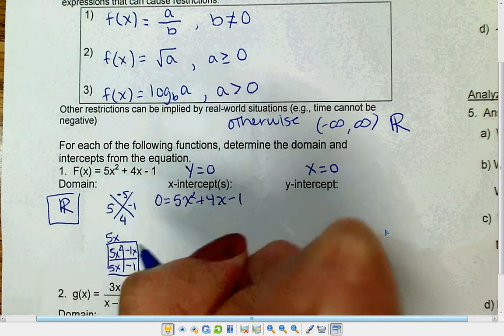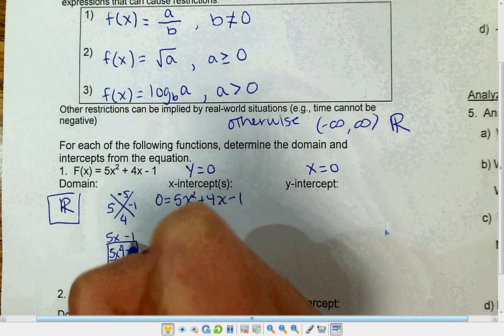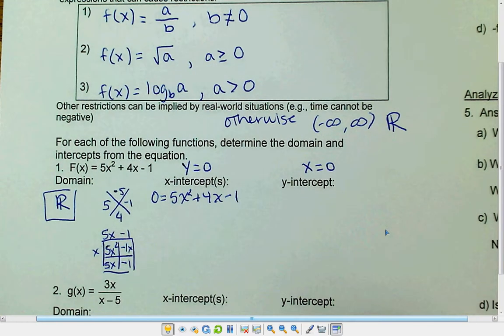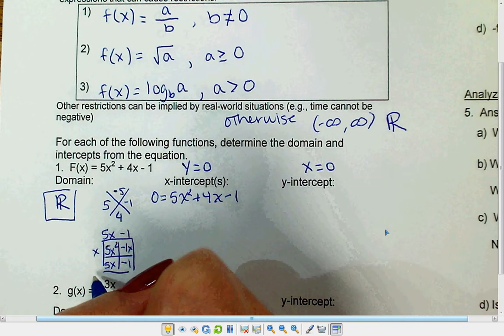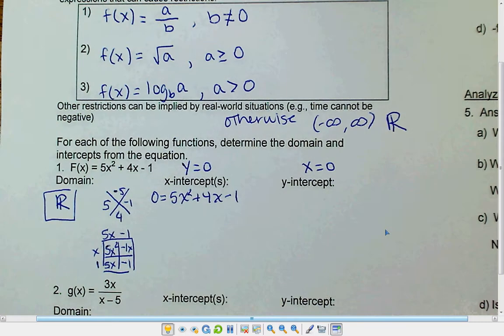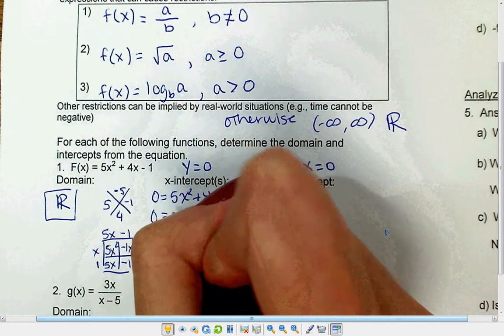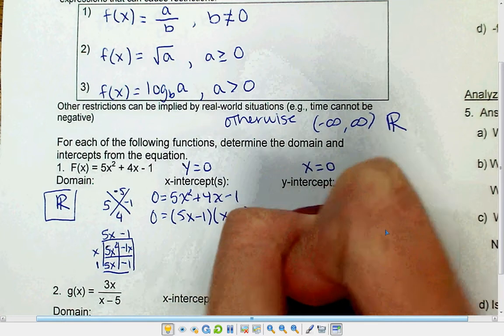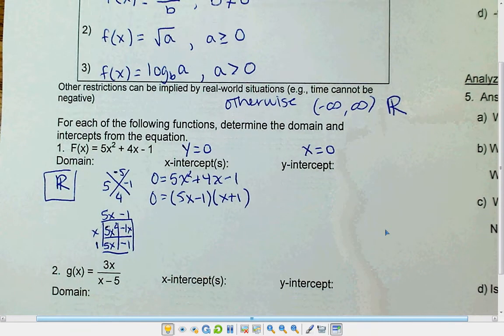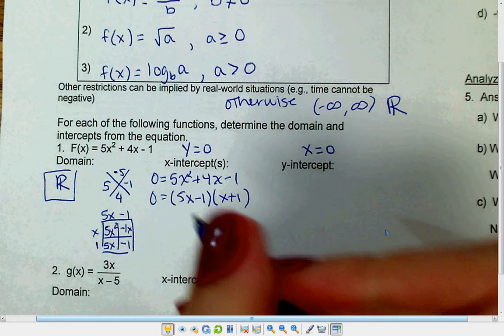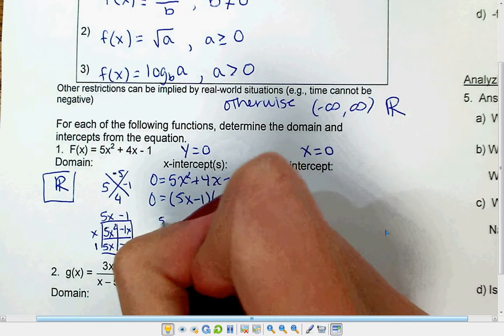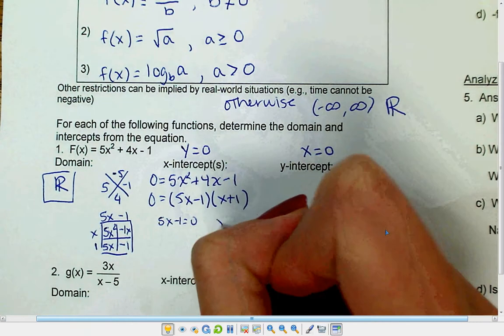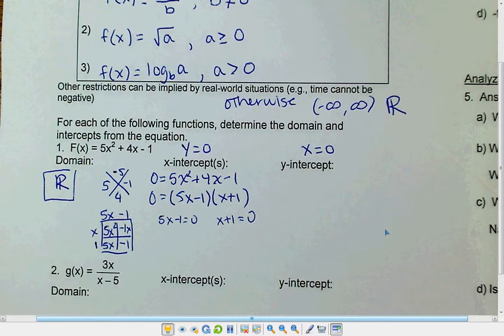And that gives us 5x minus 1, and then x plus 1. So when we factor this out, we have 5x minus 1 and x plus 1. And those are the two equations that we're going to set up. So 0 equals 5x minus 1, and also 0 equals x plus 1, and we just solve for x.